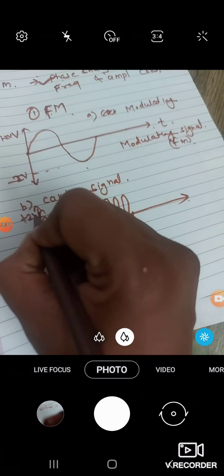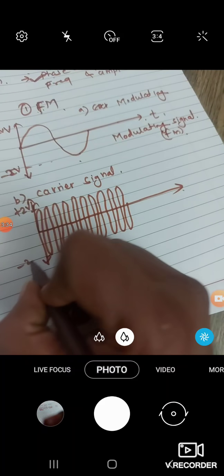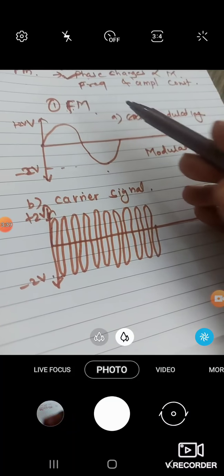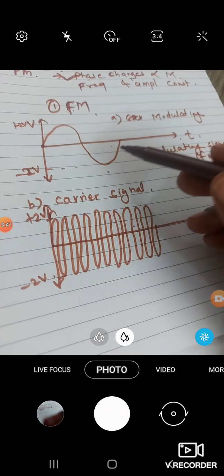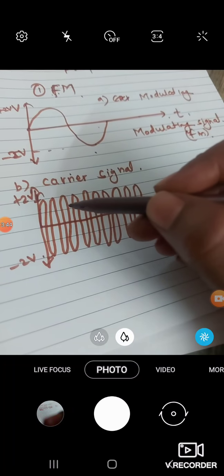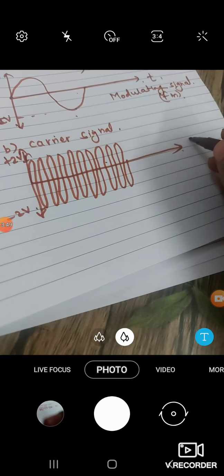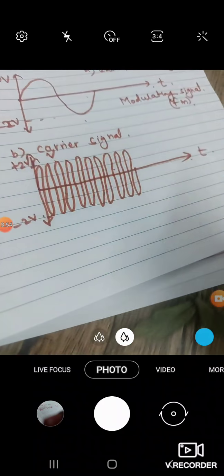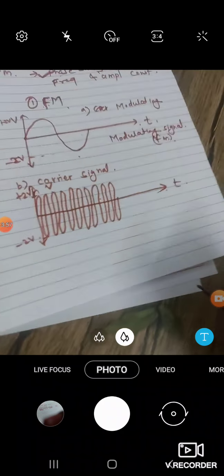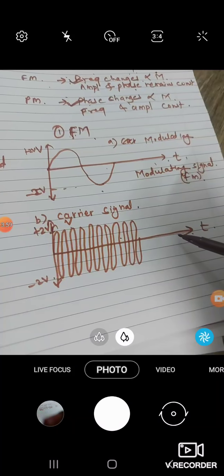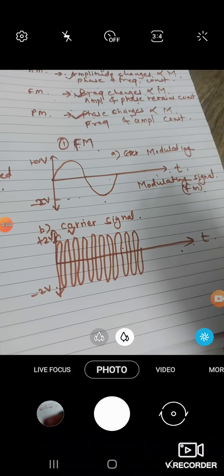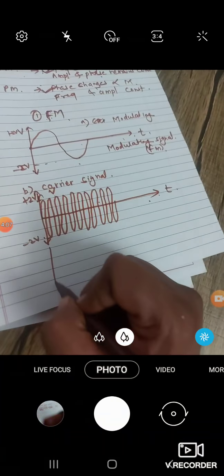We have kept the amplitude the same. In FM there is no condition on amplitude. The carrier's amplitude can be less than the modulating signal's, more, or equal. Let us say both are the same. So this is the carrier signal. This also has time on the x-axis and voltage or amplitude on the y-axis, and this is the waveform of the modulating signal and the carrier signal. Now we have to draw the diagram for the frequency modulated signal.